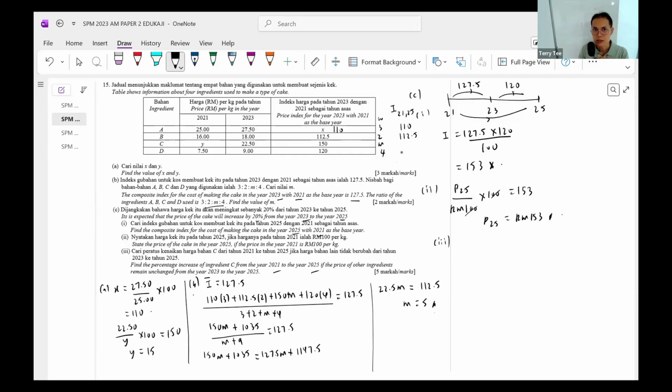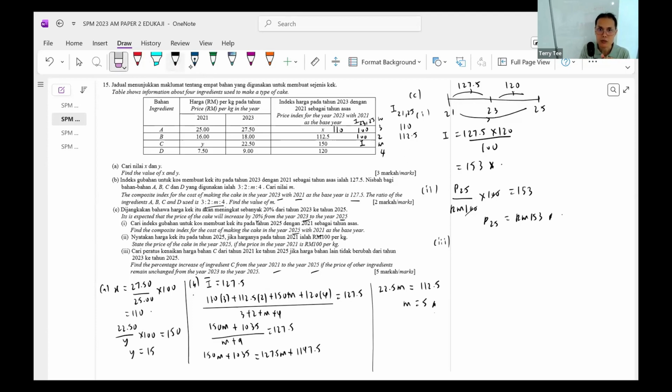For C, we don't know the new index, so I'm going to call this new index I. If you take 150 times I divided by 100, it is 1.5 I.